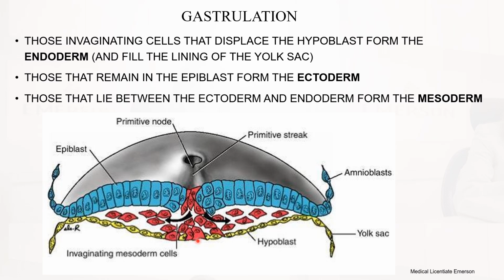Then there are those that actually remain in the epiblast. Remember, they were invading it. The ones that remain in the epiblast are going to form the ectoderm. So now we have two: the endoderm and the ectoderm. What about the ones lying in between the ectoderm and the endoderm? What are they going to form? These are going to form the mesoderm. Okay, so that's what has happened.